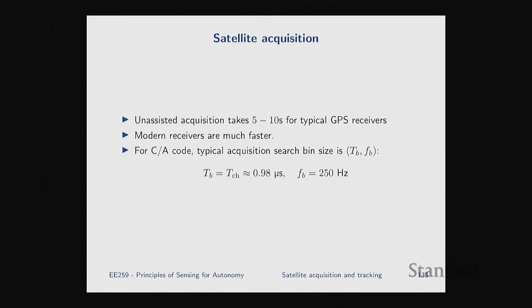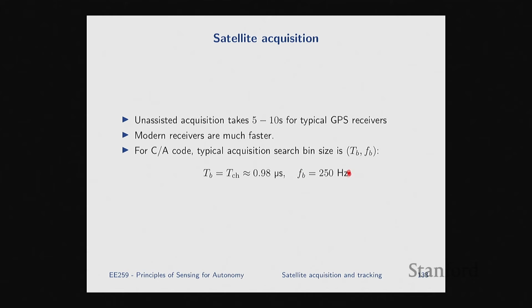For a CA code, you want to search all of your range bins. Let's say the full code is 1 millisecond, and one chip is 0.98 microseconds. So you have exactly 1,023 range bins, or tau hat bins, to search.